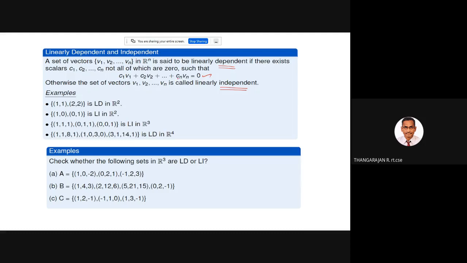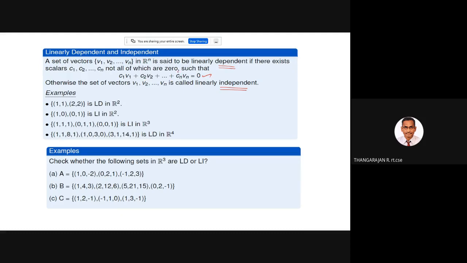If c1, c2, cn are all 0, then it is trivial. But if c1, c2, cn are not 0, and the linear combination equals 0, then we say that these vectors are linearly dependent. What does it mean? It means that one vector can be expressed as a combination of the other vectors.